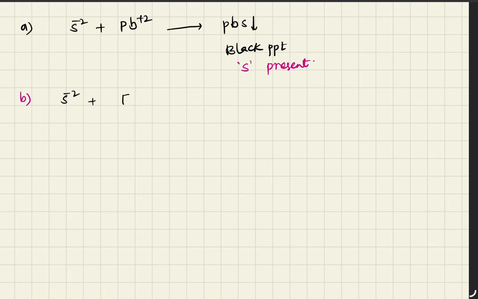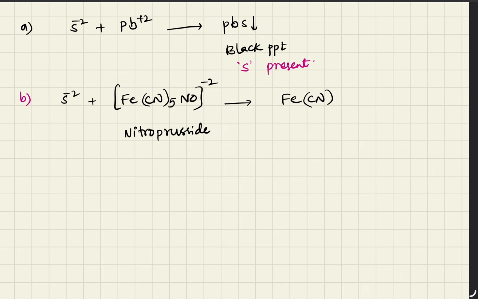That is represented as [Fe(CN)5NO] with a -2 charge; sodium is not written here. This nitroprusside is converted into [Fe(CN)5NOS] with a -4 charge. Then a violet color solution forms, which confirms that sulfur is present in the organic compound.